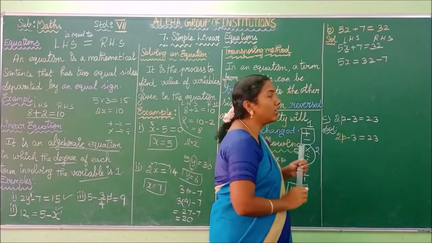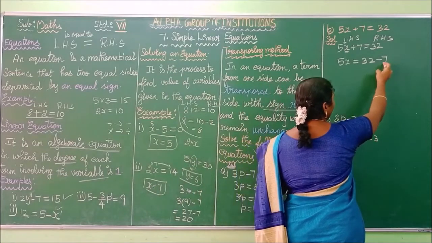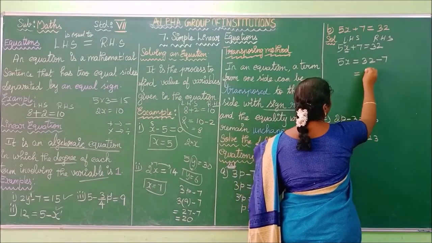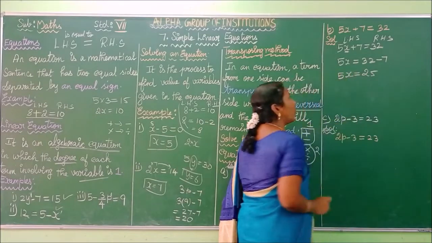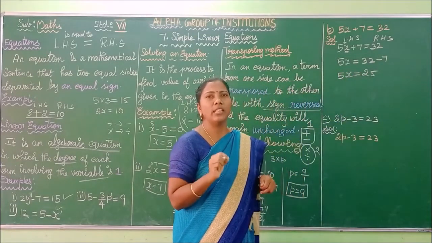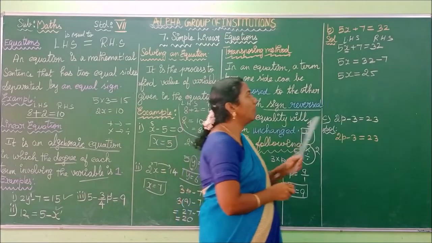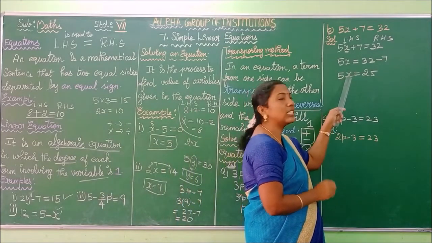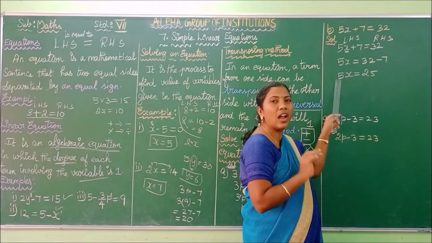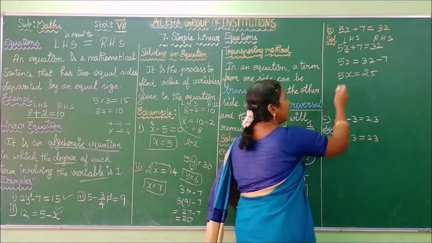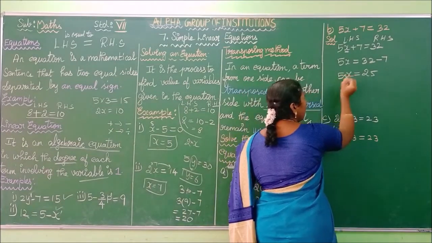Do we understand, children? Now you have to subtract the 7 from 32. What is the answer? 25. So 5x equal to 25. But our aim is to find the value of x. To find the value of x, you have to make the x free from the terms. So here also we have the 5 along with x. But the operation between the x and 5 is multiplication.